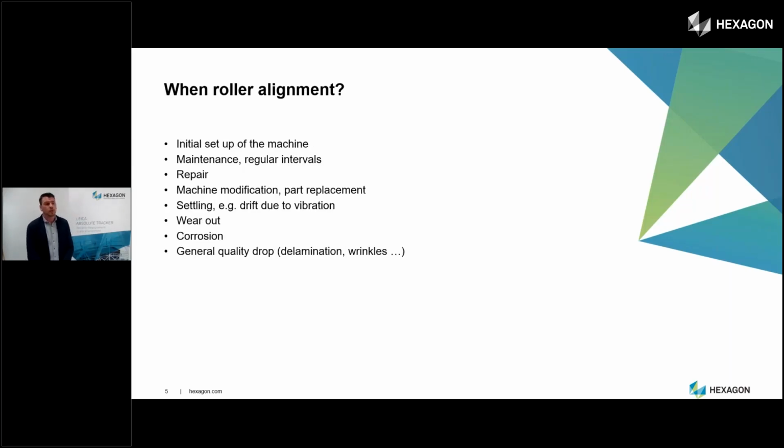Now we are talking about when we do the alignment. That could be right in the beginning on the setup of the machine, during regular maintenance intervals, when you repair or replace a part, or when you do a general machine modification.